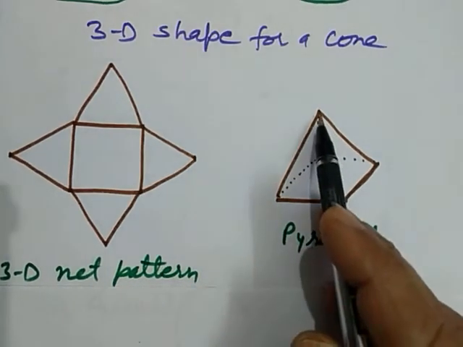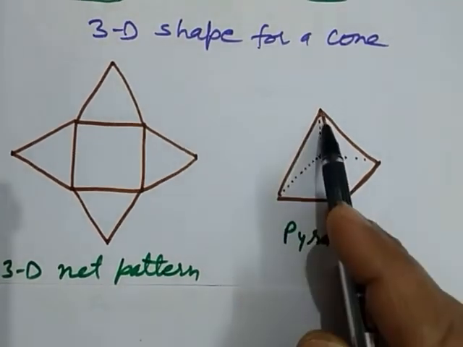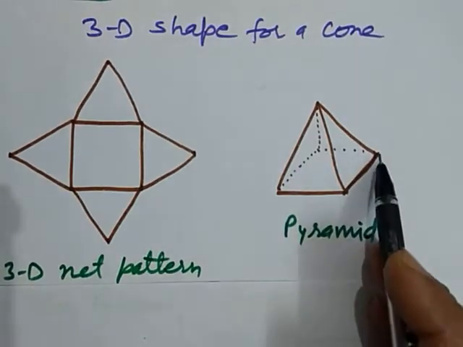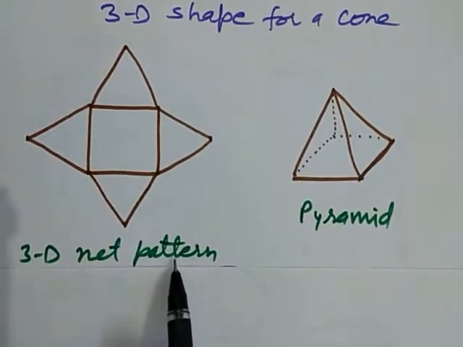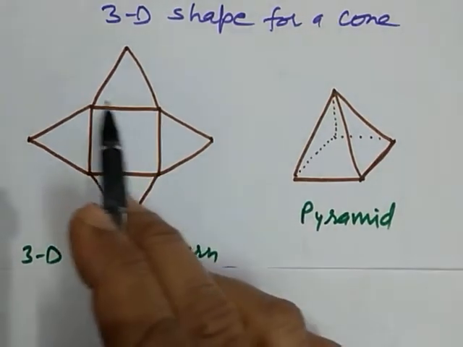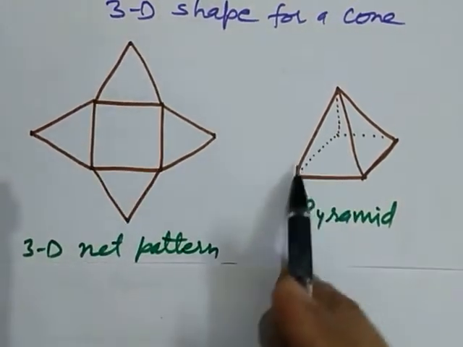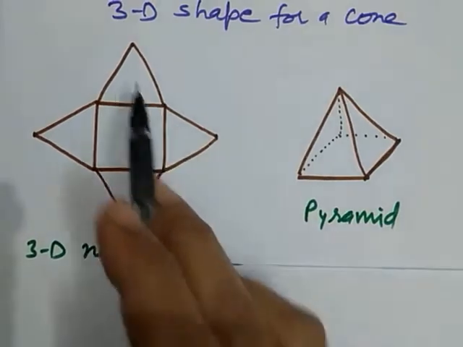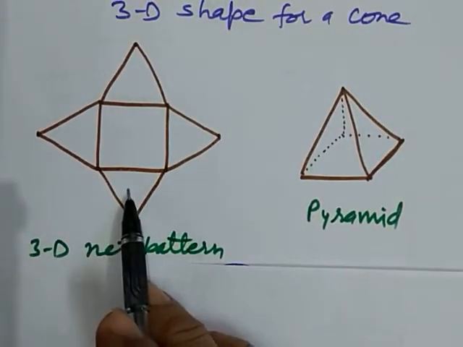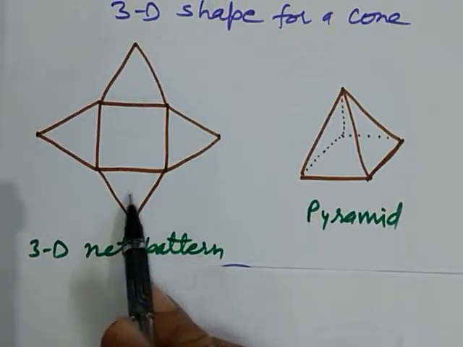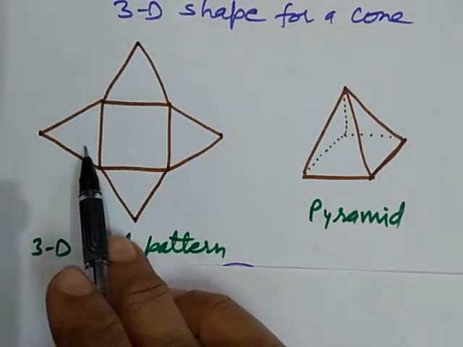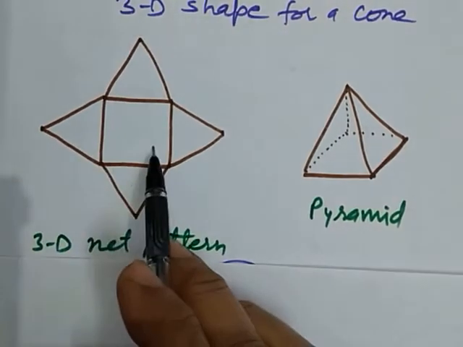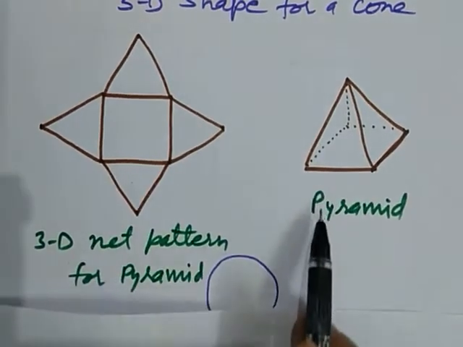When we cut a pyramid along its edges and open it up, this is the 3D net pattern of a pyramid. This is the base of the pyramid, and these are the 4 side faces. If we fold this figure again, then it becomes a pyramid.